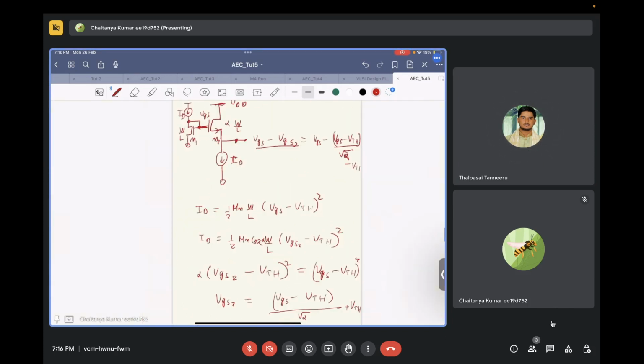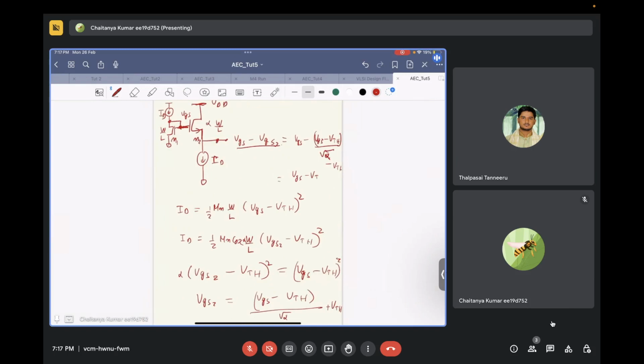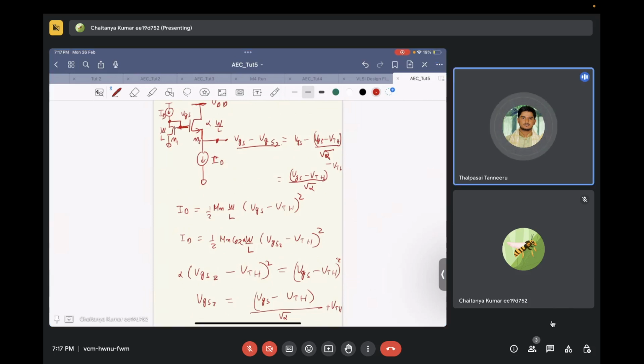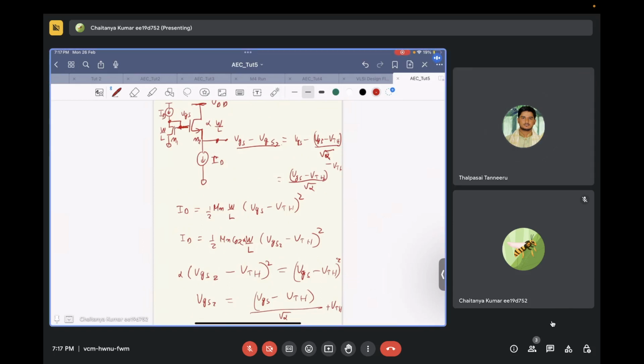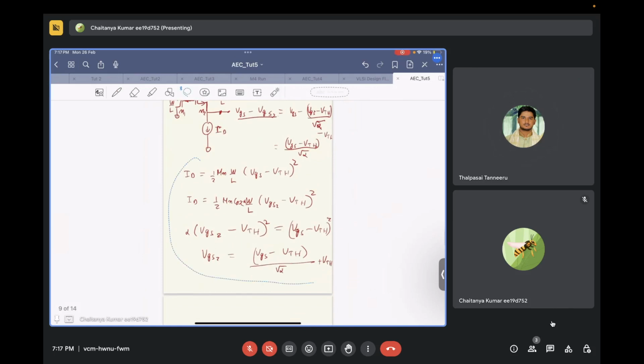So this is equal to VGS minus VTH by square root alpha. You get this? After calculating, you will have this.